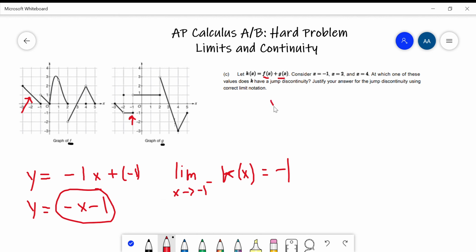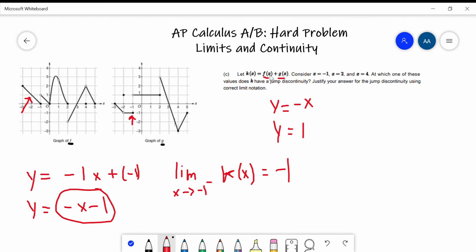This is actually just y is equal to -x for f of x. So this is the right hand side of f of x. So this time we're doing right hand. So y is equal to -x. You could put +0 because that's where the intercept is, but it's really the same thing. Y is equal to -x, and this one is y is equal to 1.